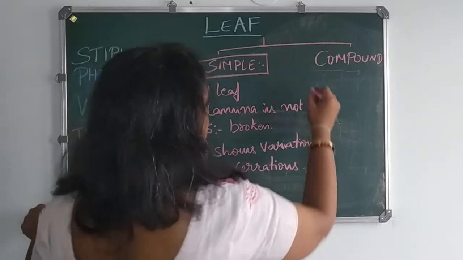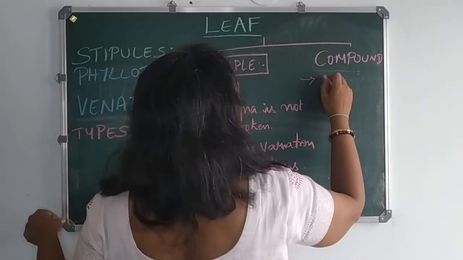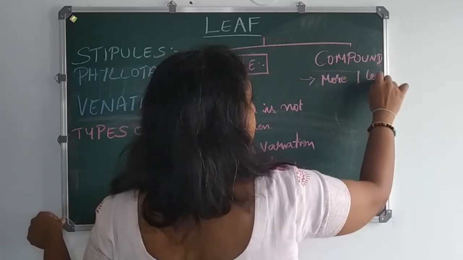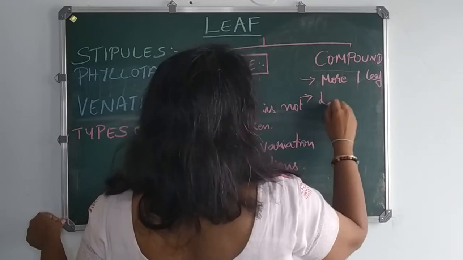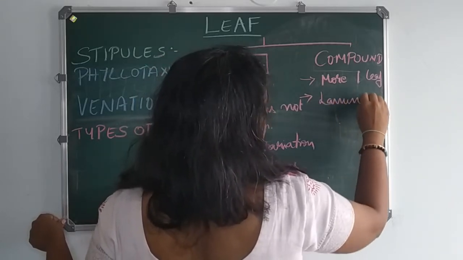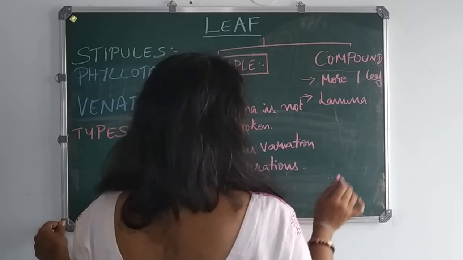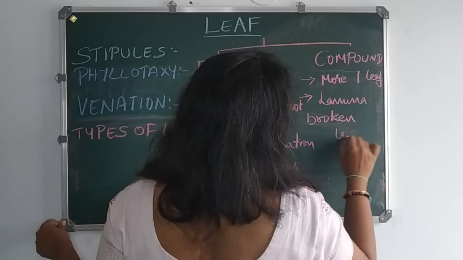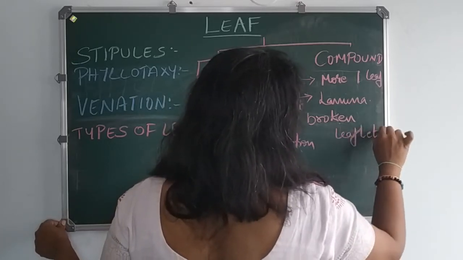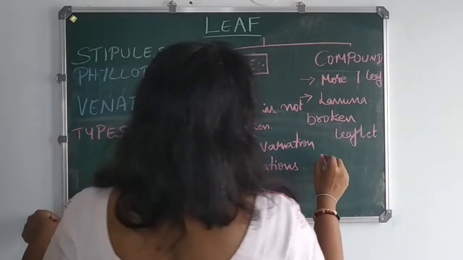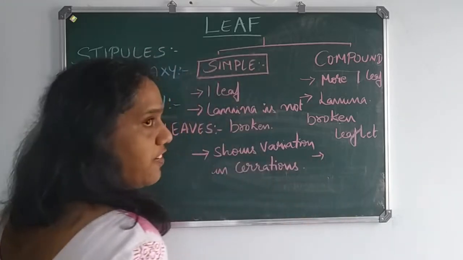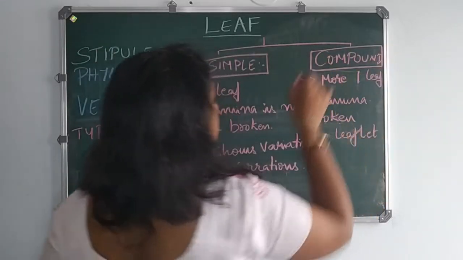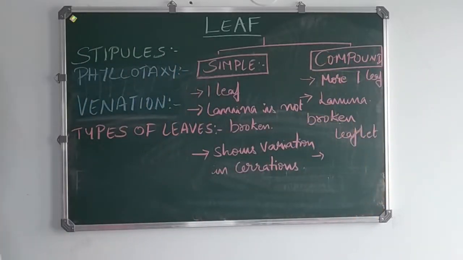Compound leaf: more than one leaf. Lamina is broken into many subdivisions or sub-leaflets. Lamina is broken into several leaflets, which we can also call pinnae. It does not show much variation in serrations. So this is about the compound leaf and the simple leaf.